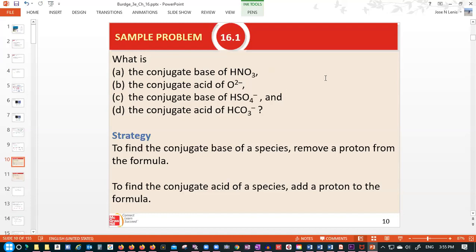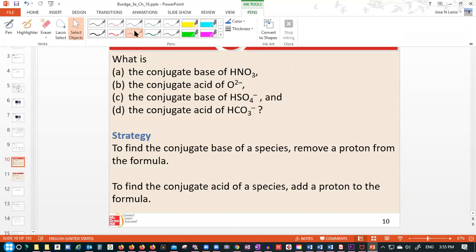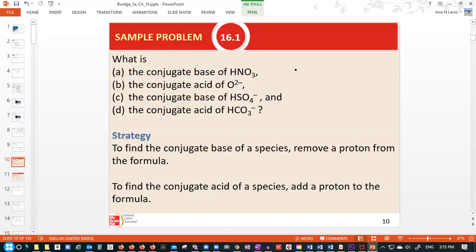For instance, we have HNO3 plus water. So we are going to find the conjugate base of HNO3.